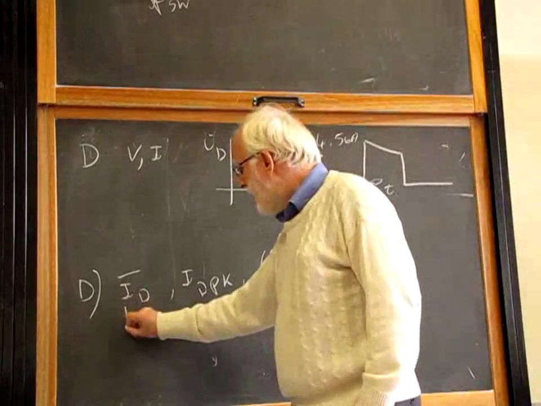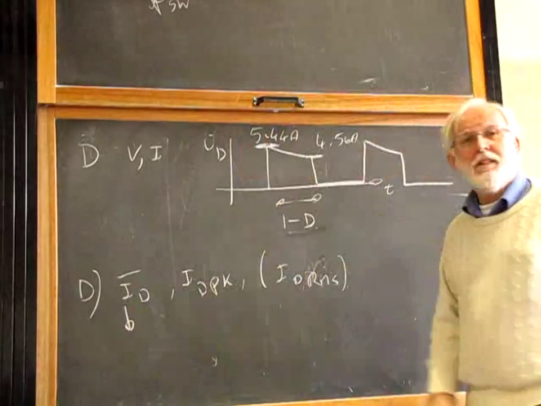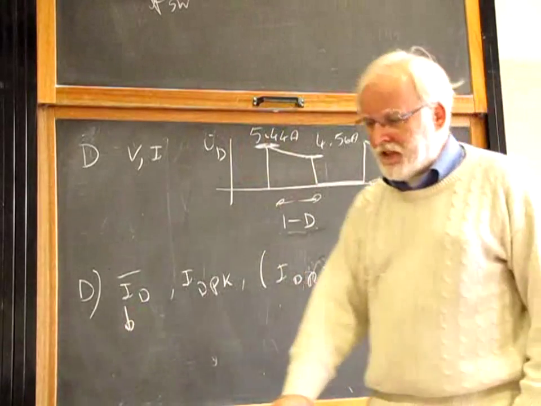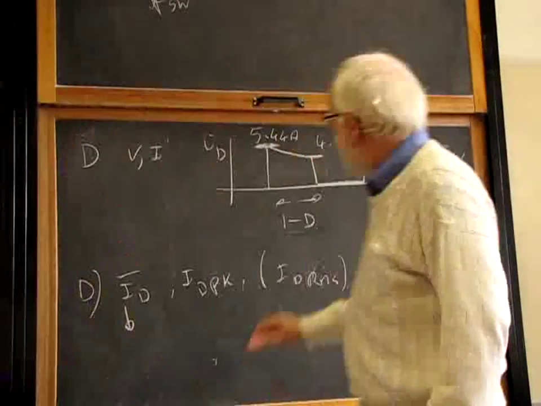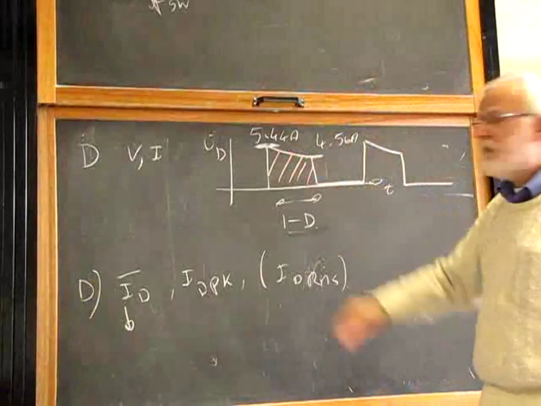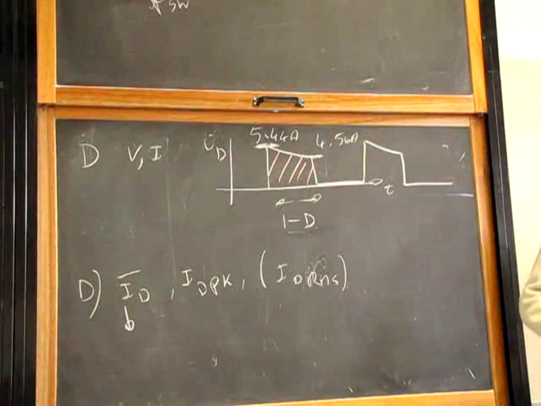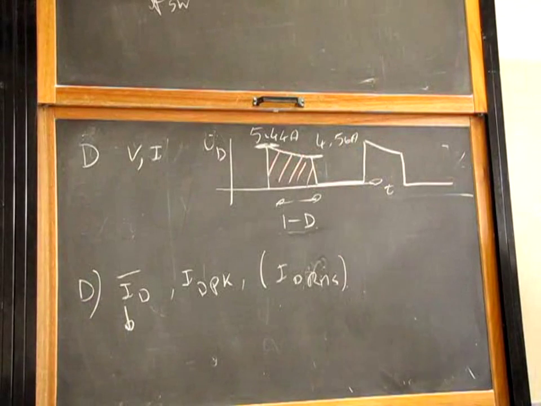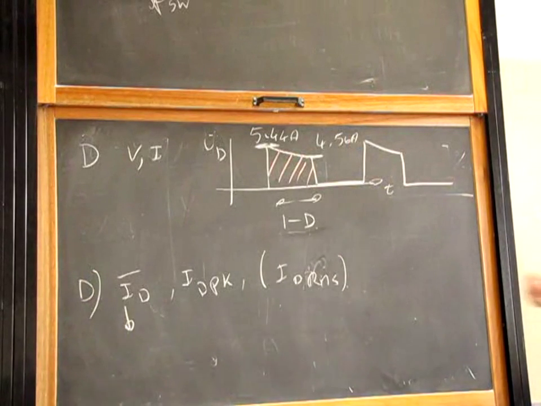ID average. How much is the average of this waveform? That means take this area, spread it over one cycle, and see how tall this value is when you spread it.